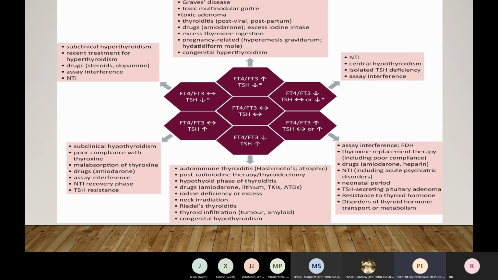And what I tend to do with these patients, except for the T4, is do a T3 to see whether there's a conversion issue, because obviously you expect the T3 to be the active element.